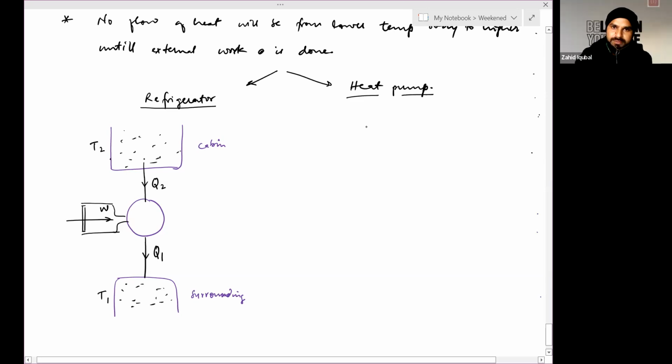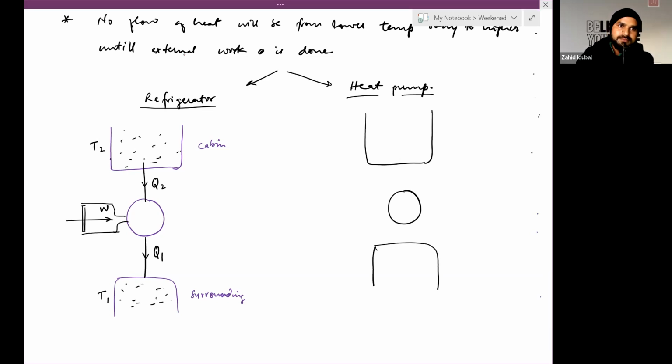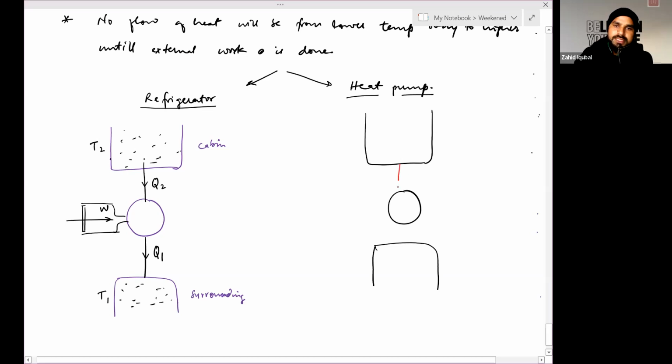Similarly, in the case of a heat pump, this is one cabin, this is another. Again, it absorbs heat from low temperature; in this case it will be the surrounding.